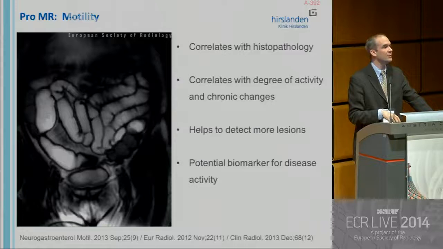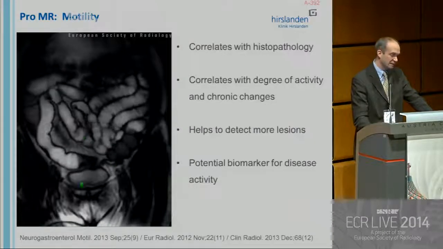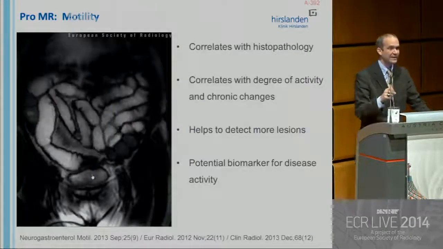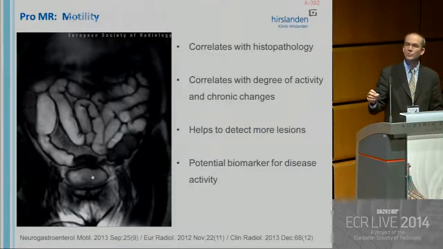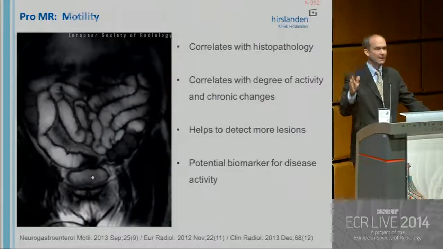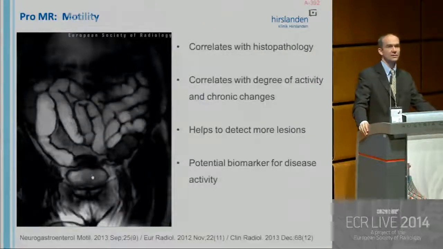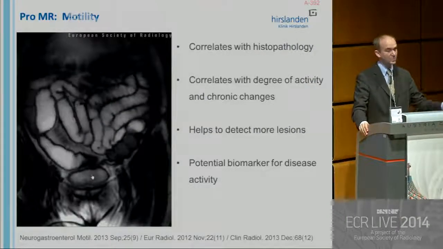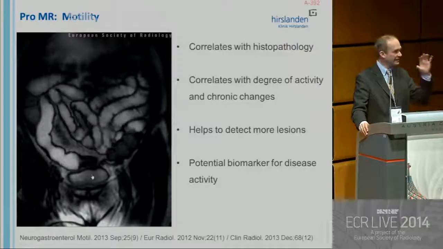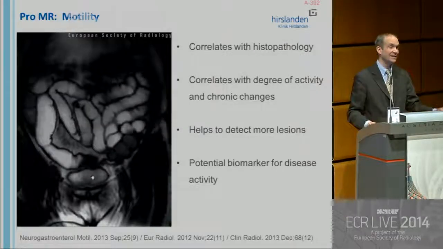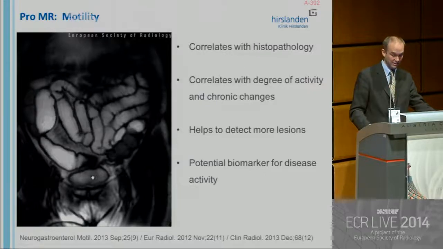If you look at the motility and you see, okay, this one is obvious, clear, and then you see regions where it doesn't move, and you go back to the standard imaging, you will find additional lesions. And this is, I think, the most important point for clinical use, that it helps you to find additional lesions.